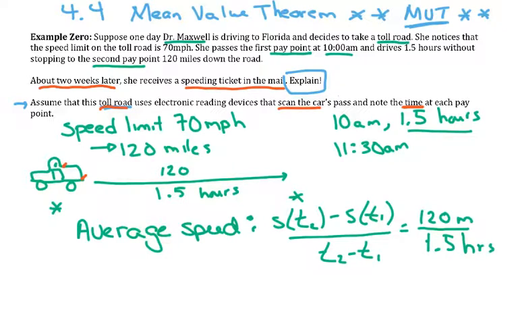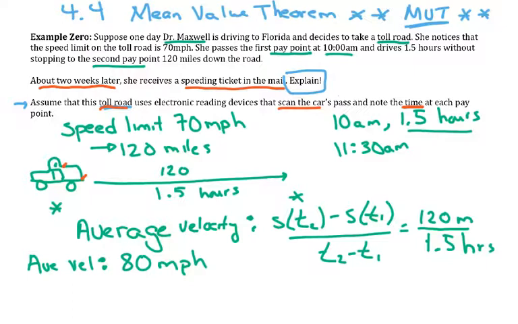So put that in your calculator and find that my average velocity, if you want, it is speed in this case because it's positive, but technically perhaps we should call it velocity. My average velocity was 80 miles per hour.